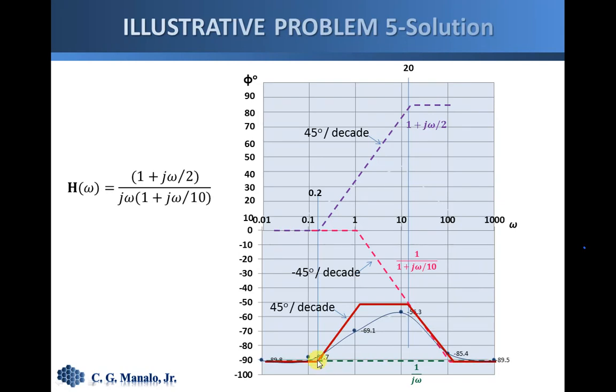So before 0.2, all lines are flat. So the phase angle should follow the phase angle of the green line.